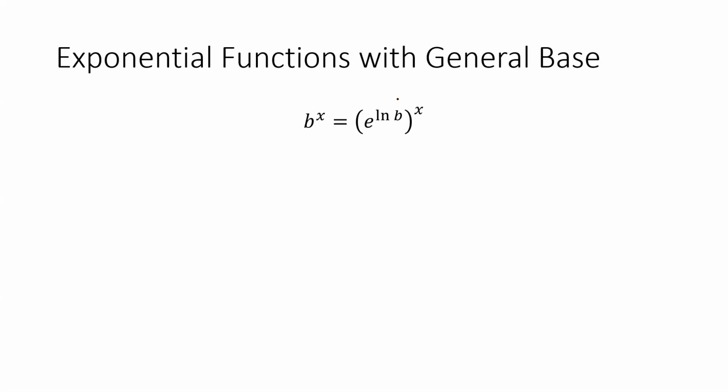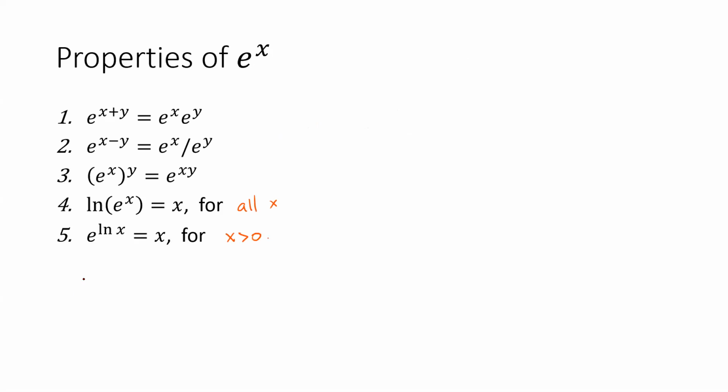So here, if I'm just using that property, notice that any real number, say b, can be written as e to the ln of b. So that means that b to the power of x can be written as e to the ln of b, to the power of x.